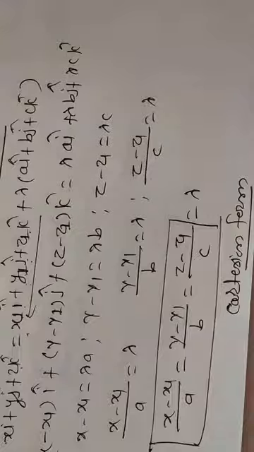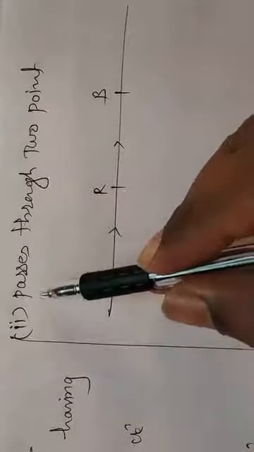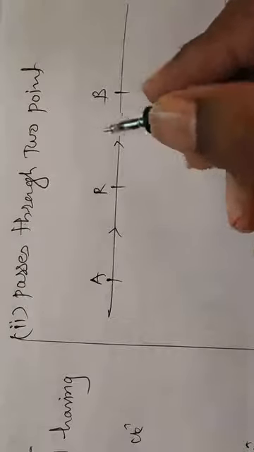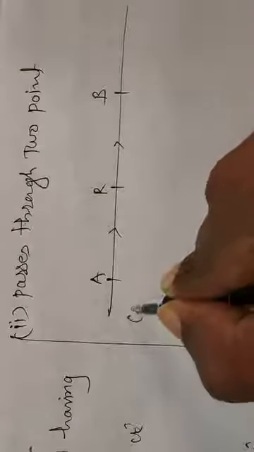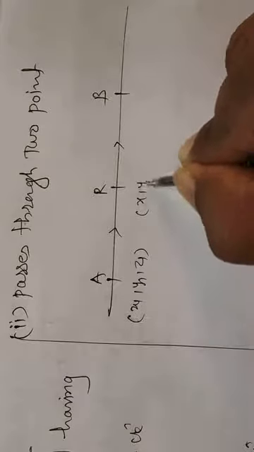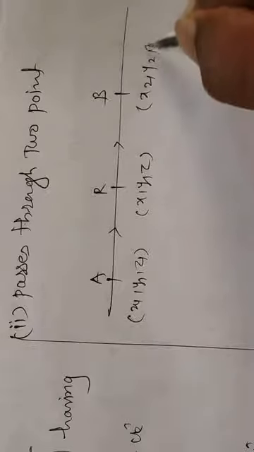Similarly, condition number 2: the equation of a line passing through two given points. Let A and B be the two points and R the fixed point. A is x1, y1, z1, R is x, y, z, and B is x2, y2, z2.